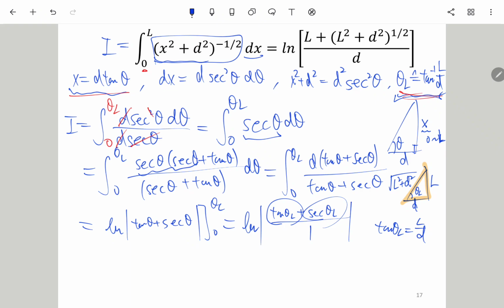According to this, secant theta L is 1 over cosine, which is actually square root of L squared plus D squared over D. So we put these two into here. Finally, we have a natural log of L plus square root of L squared plus D squared, over D. Something like this.